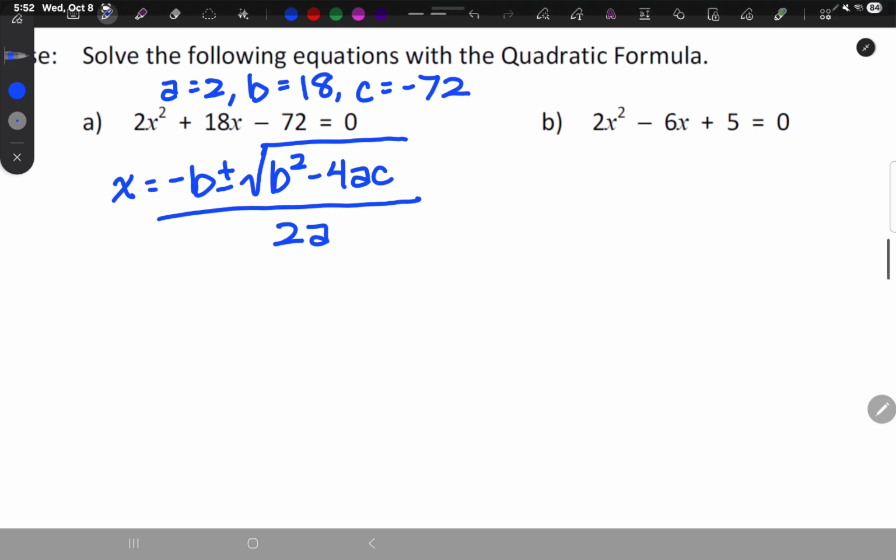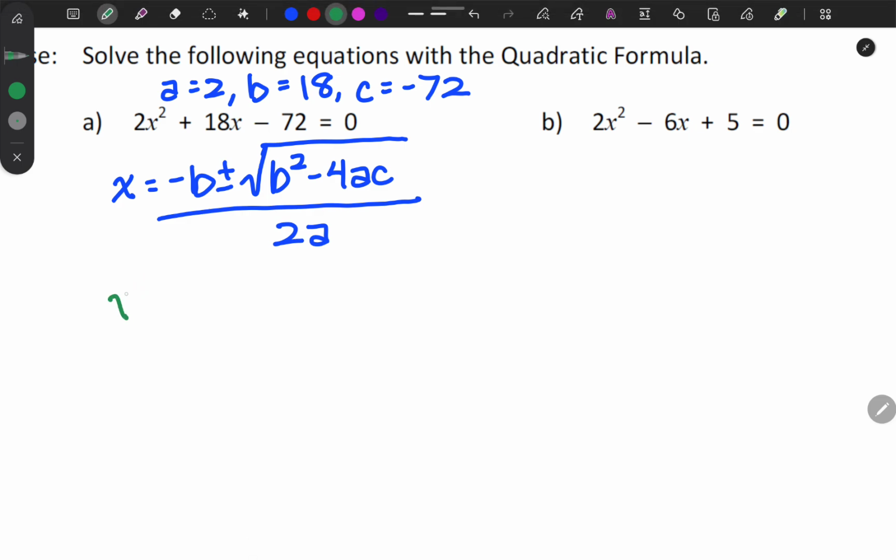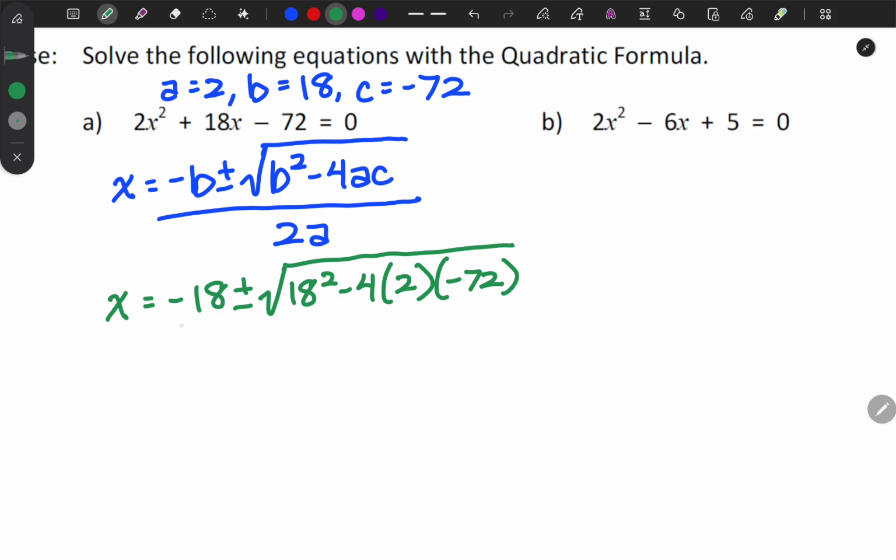Substitute in our values. So negative 18 plus or minus the square root of 18 squared minus 4 times 2 times negative 72, and keep an eye on the sign there, all over 2 times 2.